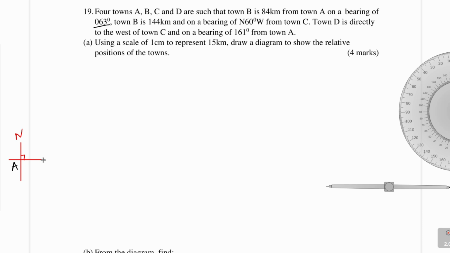Therefore, we shall have it like this. This is how we are going to measure the angle. So this angle here will be 063 degrees, and then this distance is 84 kilometers.